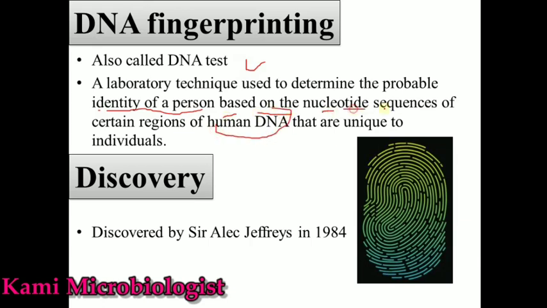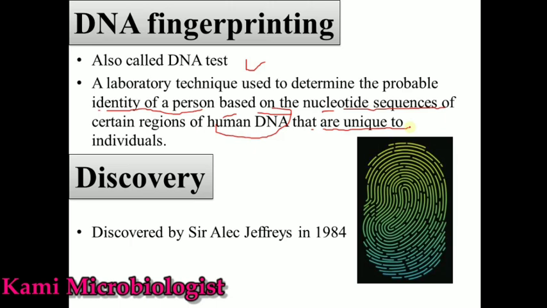This human DNA contains some specific nucleotide sequences, containing base pairs, that are unique to that individual. It means the same nucleotide sequences or base pairs will not be found in another human. In this way we can identify the identity of a person. This is called DNA fingerprinting.